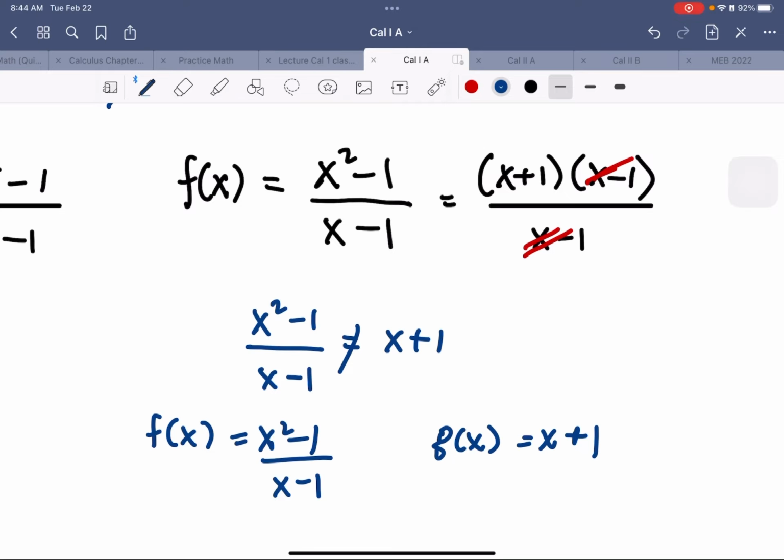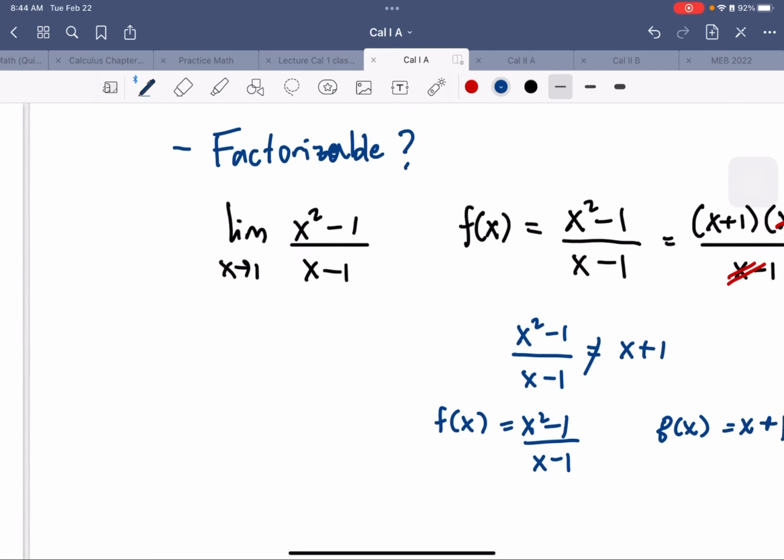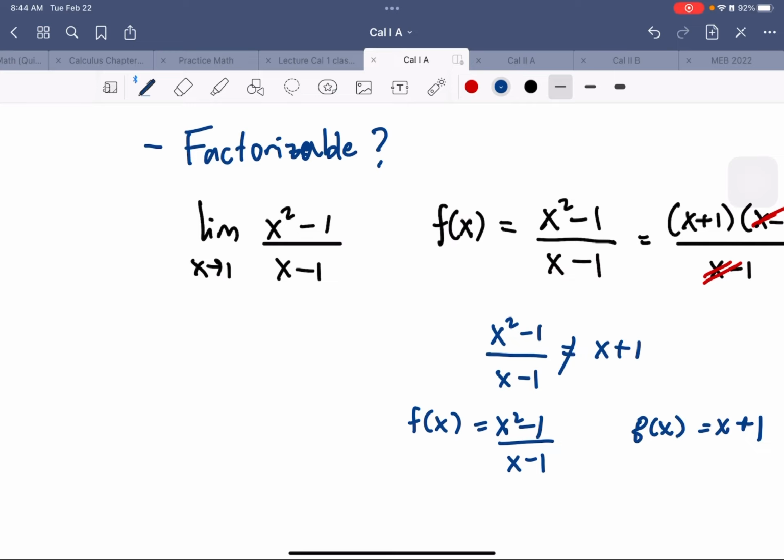But this is when we are talking about functions. When we are talking about limit, we already established our definitions, right? About limit. If we have a hole, the limit is just as it is, right? So we can say the limit is actually the same.